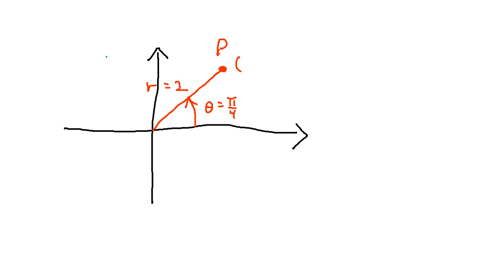The polar coordinates are given in the order of r and theta. So r is 2, theta is pi over 4.